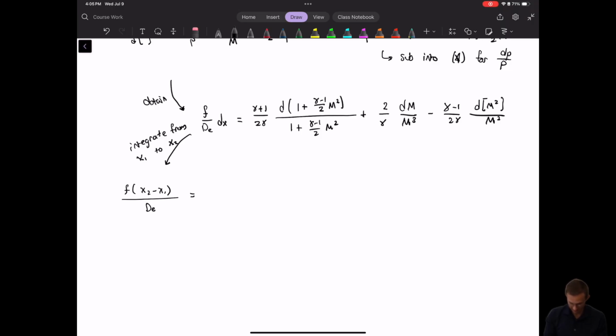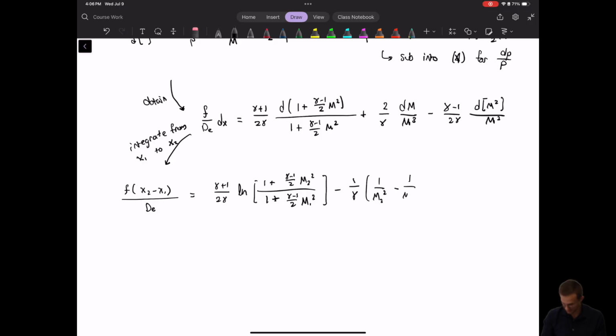And then you have gamma plus 1 over 2 gamma times the natural log of 1 plus gamma minus 1 over 2 m2 squared over 1 plus gamma minus 1 over 2 m1 squared, close bracket, minus 1 over gamma times this quantity 1 over m2 squared minus 1 over m1 squared.